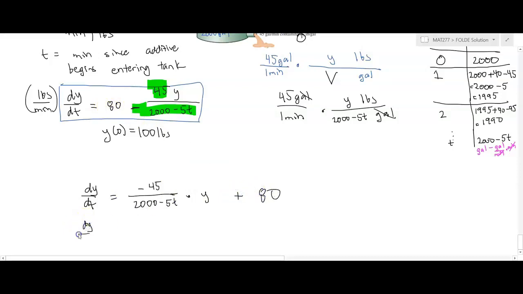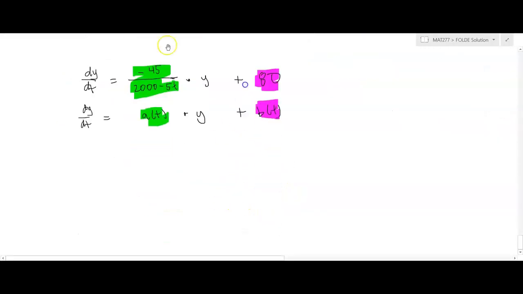So now when I look at the general form of a first order linear differential equation, we can see that we have a perfect match for our method. So first of all, this is a of t, and 80 is our b of t. Now if this were a minus, by the way, we would have to write this as plus negative 80, just a little FYI for the future.